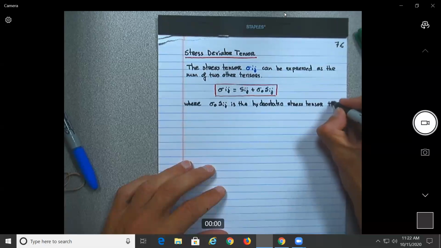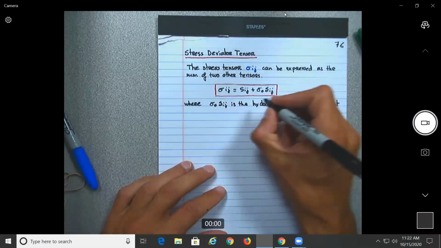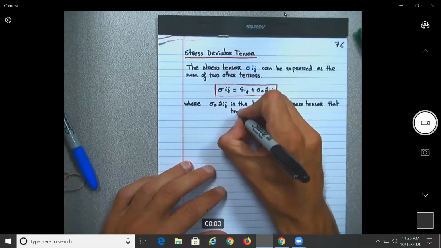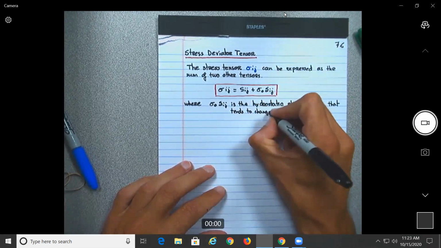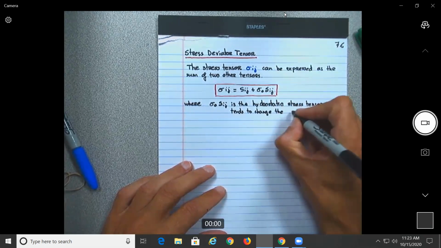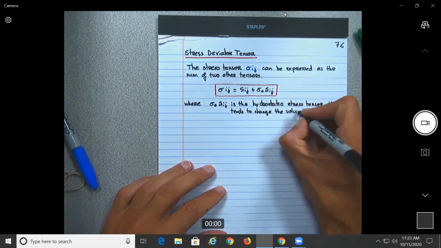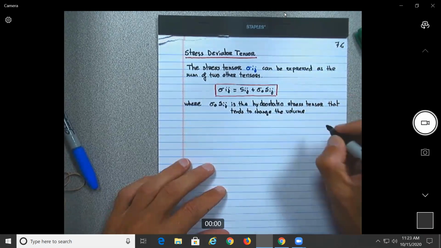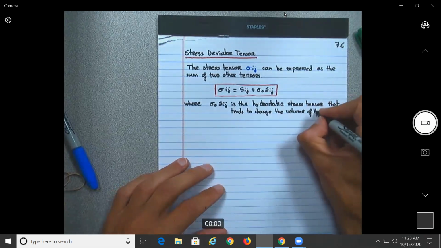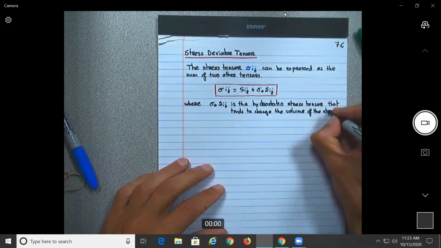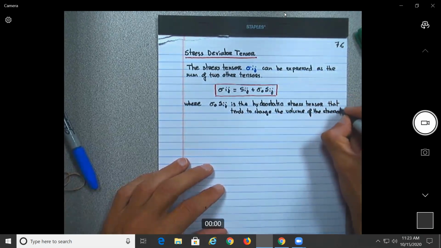It tends to change the volume of the stressed body.